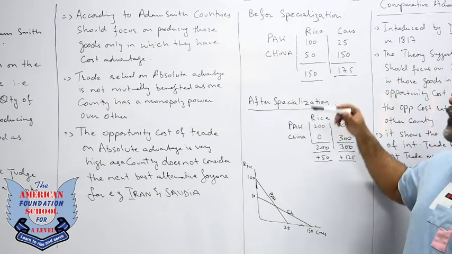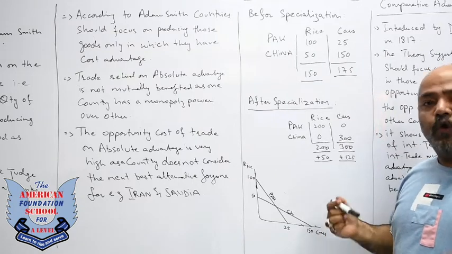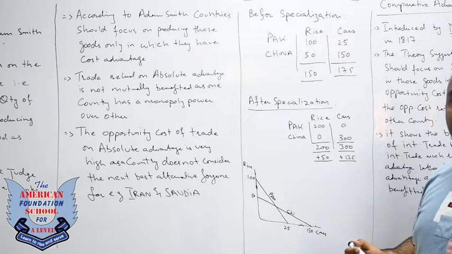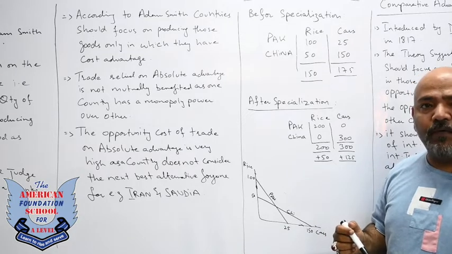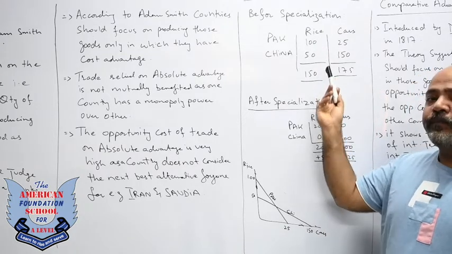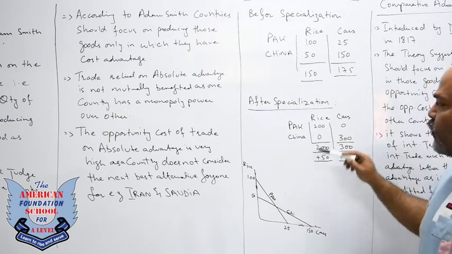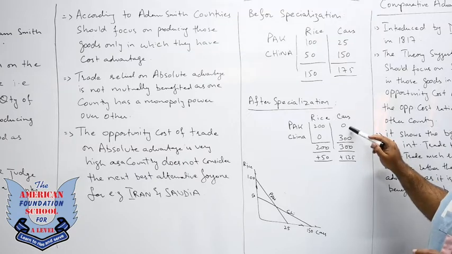Now we know which country has an absolute advantage in which good. According to the theory of absolute advantage, Adam Smith suggested countries should focus on the goods in which they have cost advantage. So according to the table, now Pakistan has become a specialist in only rice and it has reduced or nullified the output of cars.